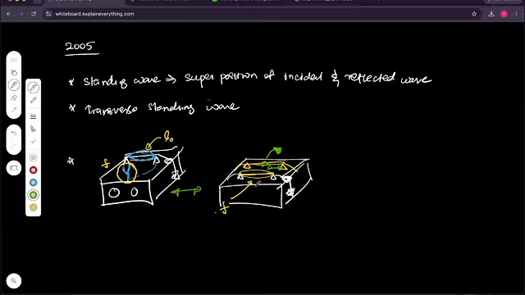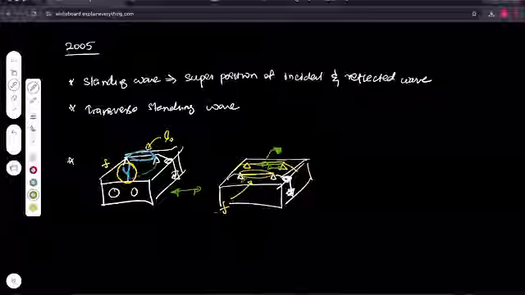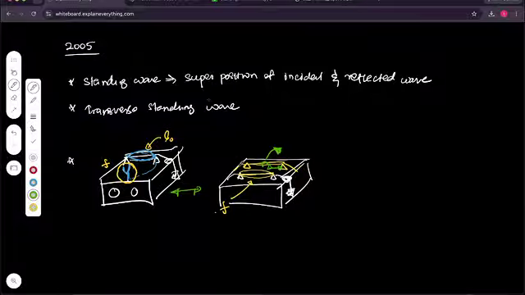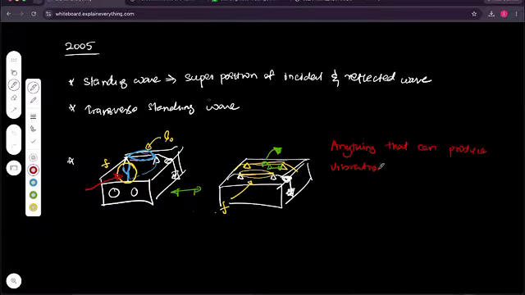Then from this question, what we can understand, we necessarily do not need a tuning fork. What we need is anything that can produce a vibration at a certain frequency.